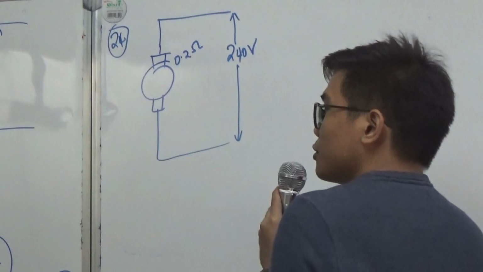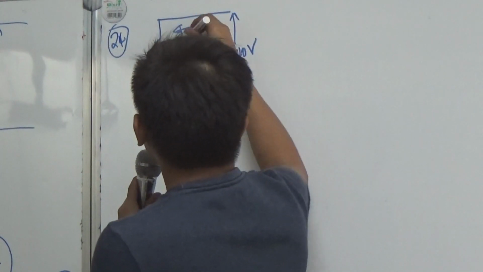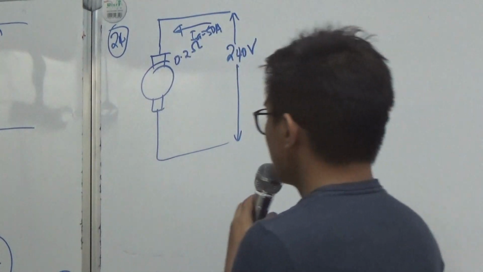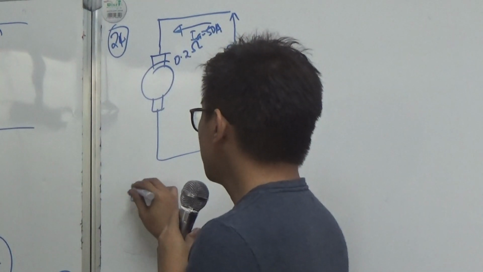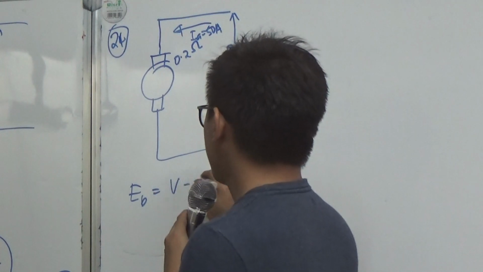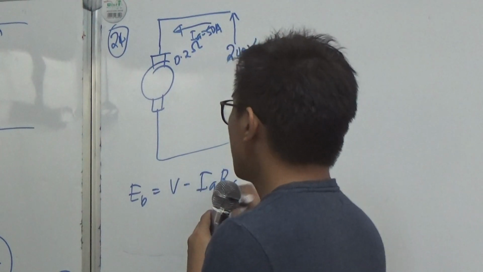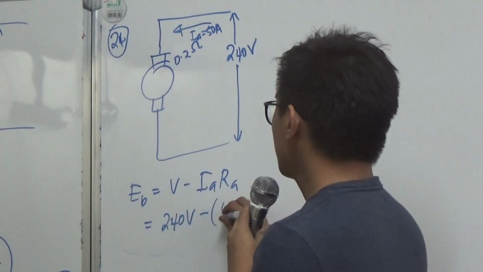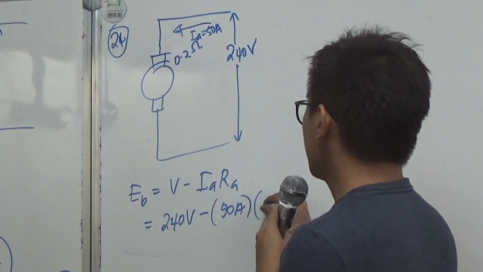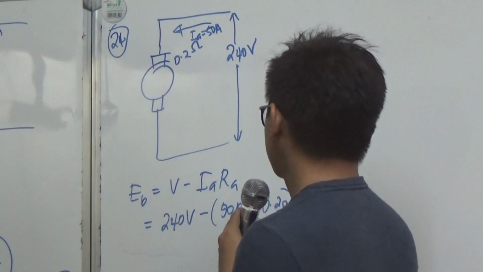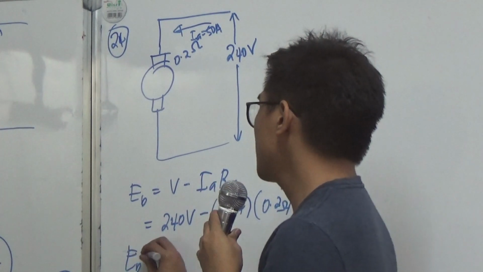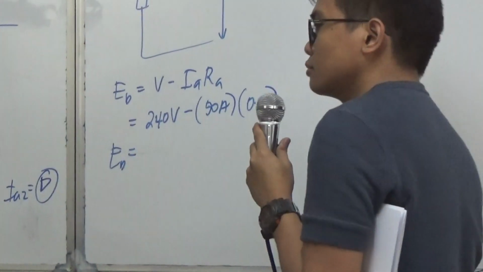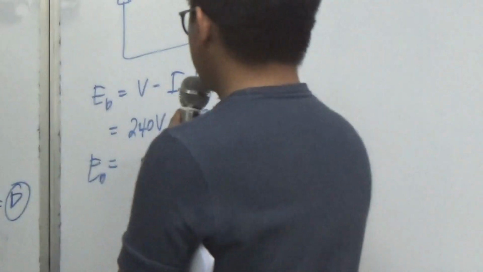Determine the back EMF when the armature current is 50 amperes. So, easy lang, no? EB is equal to V minus IA RA. V is 240 volts minus 50 amps multiplied by 0.2 ohms. So, back EMF is equal to 230 volts.